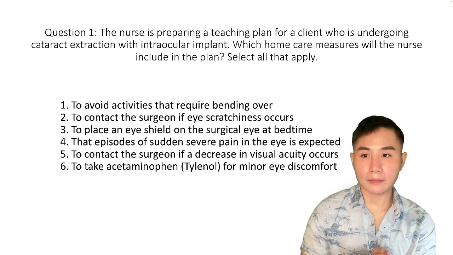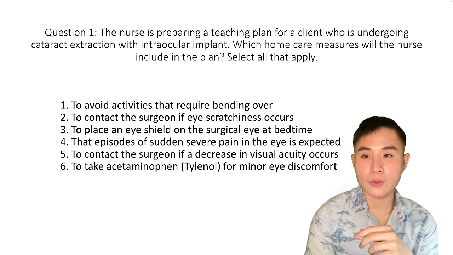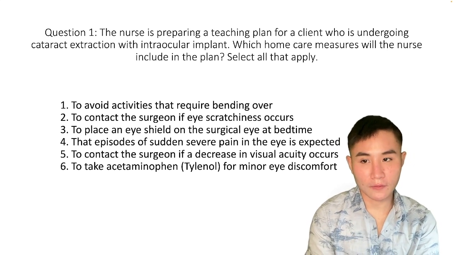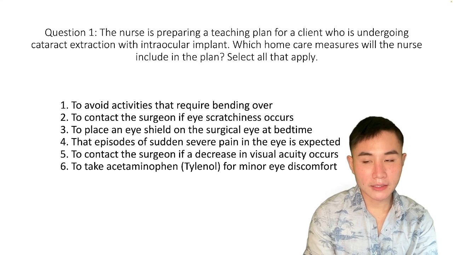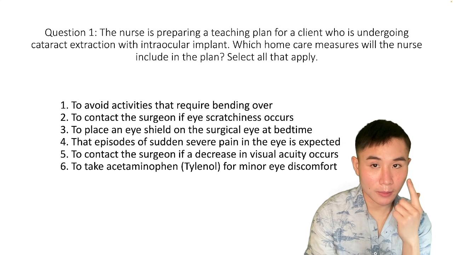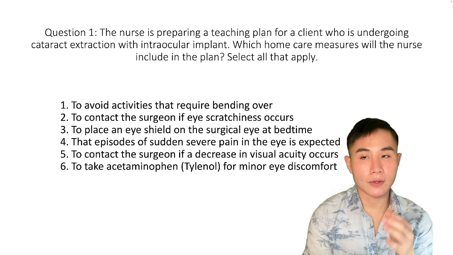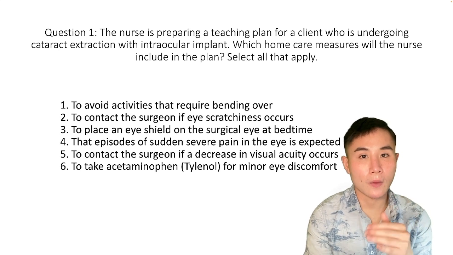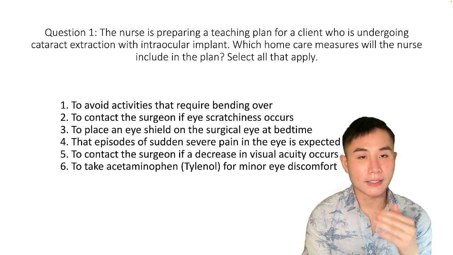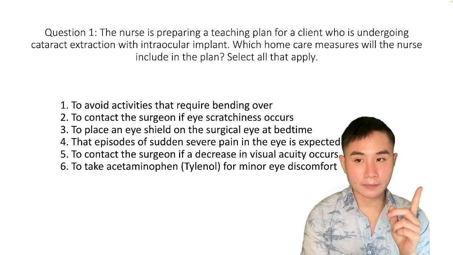Select all that apply. All right, number 1, to avoid activities that require bending over. Okay, that sounds about right to me, because when you bend over, you increase the pressure in your eyes, right? And especially for those who are going to have eye surgery, you want to teach them to avoid these activities when they're home. So I pick 1.